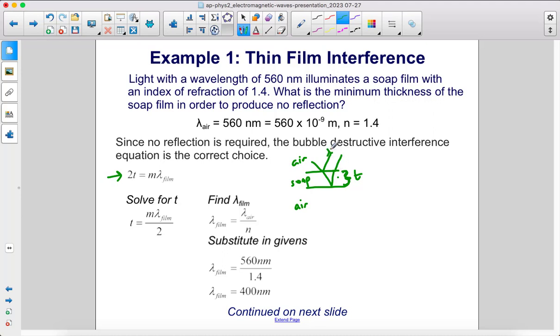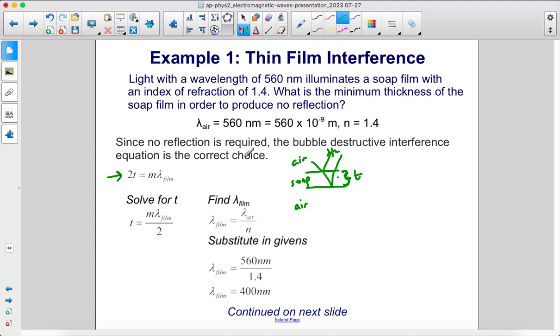So lambda over 2, I'll write that to be the phase shift. So we want destructive interference, which means they're out of phase right now, and we want them to stay that way. So that's why we need this extra distance traveled to be exactly equal to a multiple integer of a wavelength.